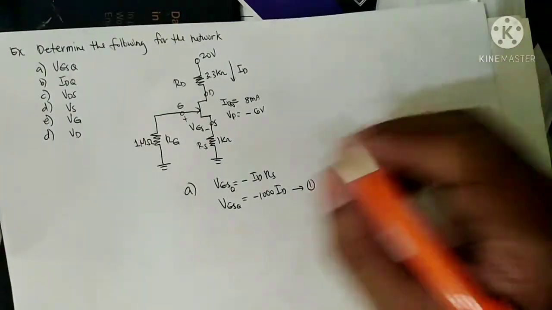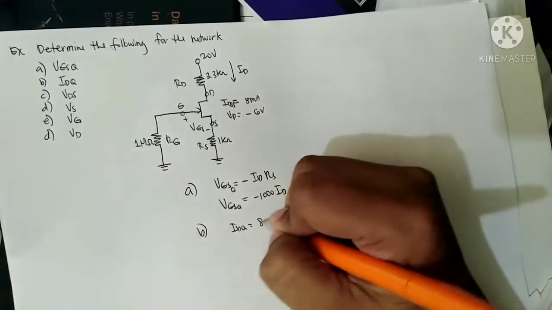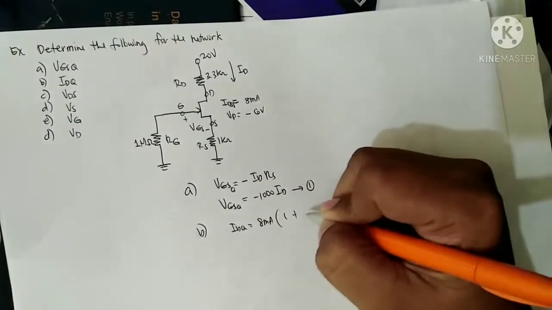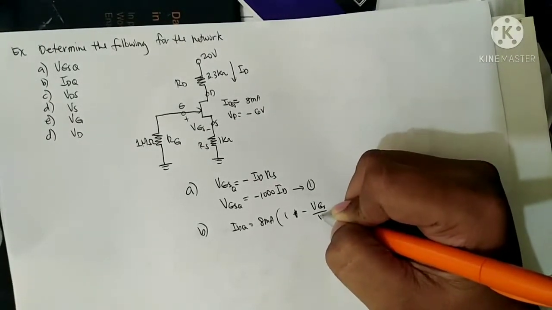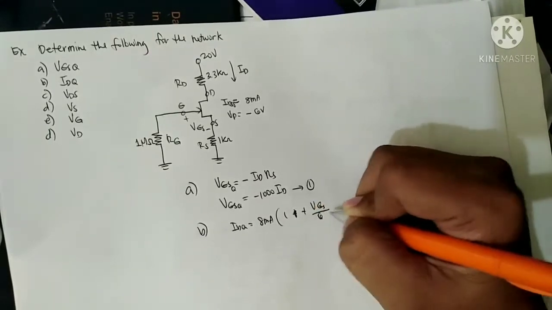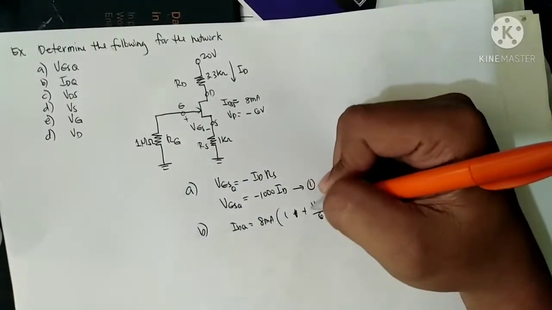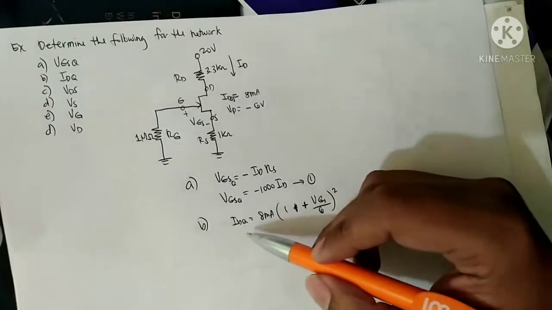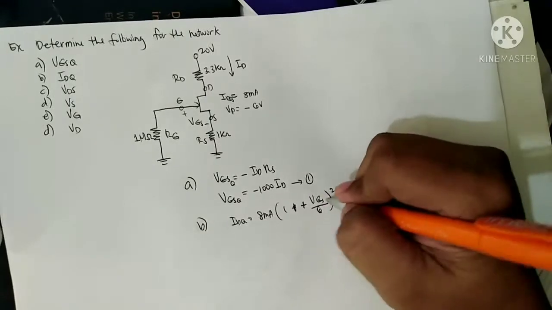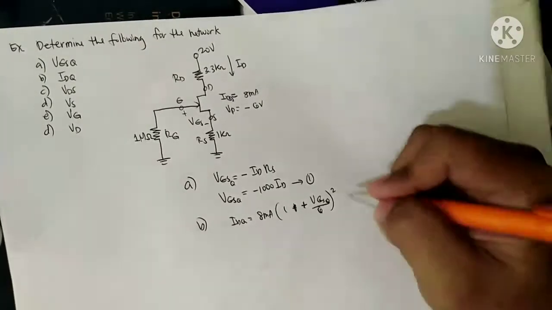For IDQ, this is equal to 8 milliamps times (1 plus minus VGS over VP), where VP is negative 6, so this is 1 plus VGS over 6, squared. Since IDQ as well as VGSQ are both variables with no known values yet, this will be equation 2.